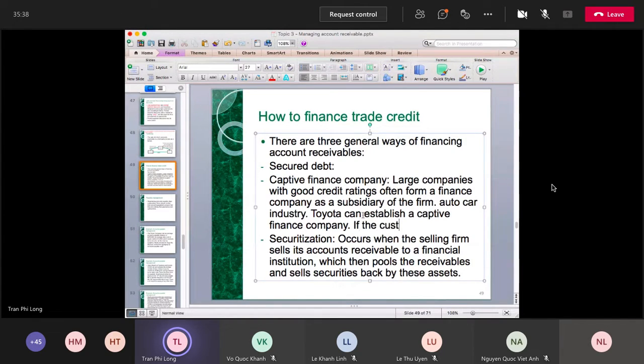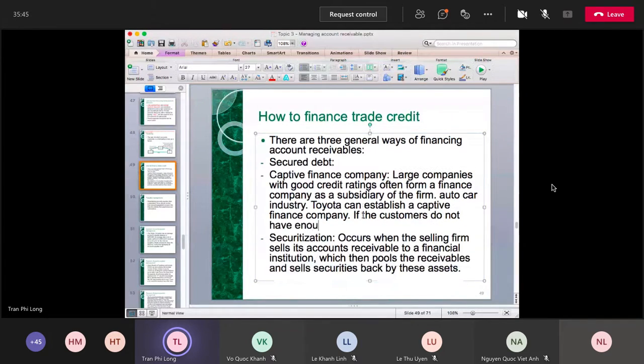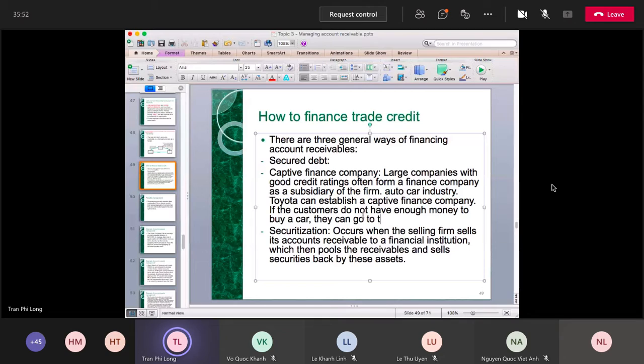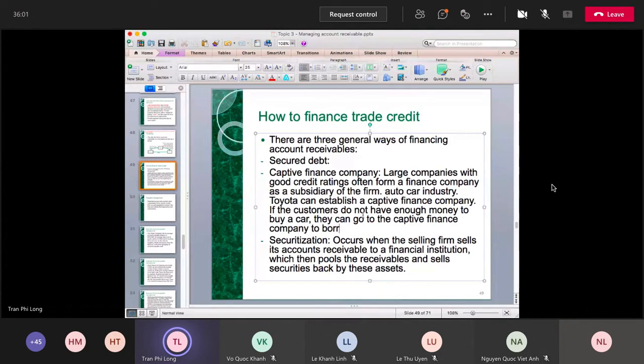If the customer does not have enough money to buy a car, they can go to the captive finance company to borrow some money, and then you have money and you pay Toyota.